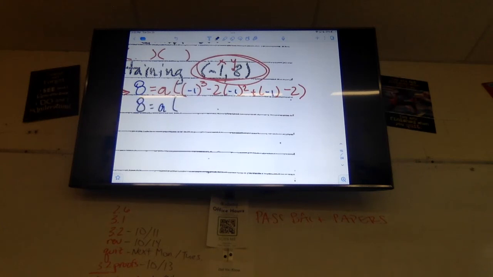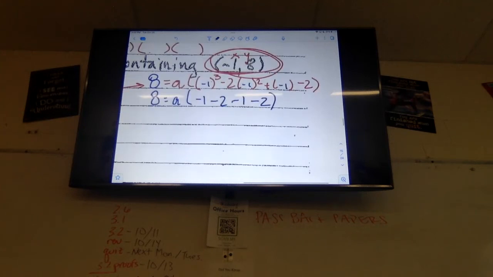So we start simplifying. -1 to the third is -1. -1 squared is positive 1, and positive 1 times -2 is -2. That's -1, and that's -2. -1 minus 2 is -3, minus 1 is -4, minus 2 is -6.